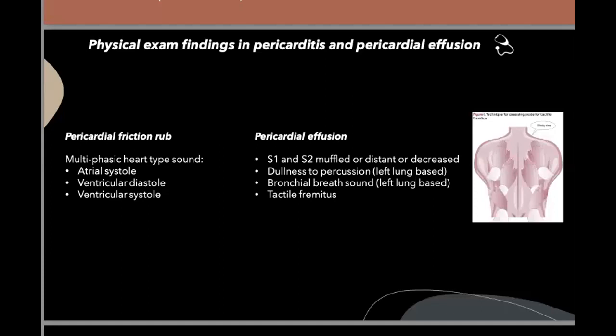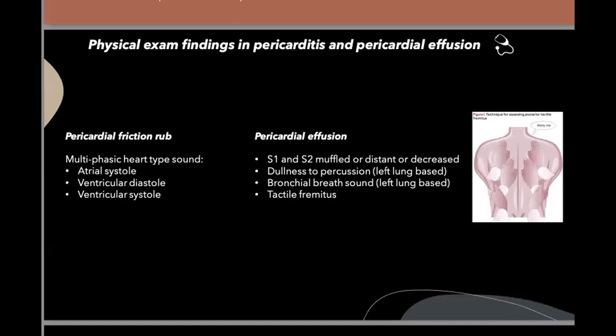And for pericardial effusion, we have S1 and S2 sounds that will be very distant, muffled, or decreased. Then we have dullness to percussion as well, if you're palpating the left lung base. And also a bronchial breath sound, since if we have an effusion, that means our pericardium has expanded, and it is affecting our lung in a sense that the air will not be moving all the way to the alveoli.